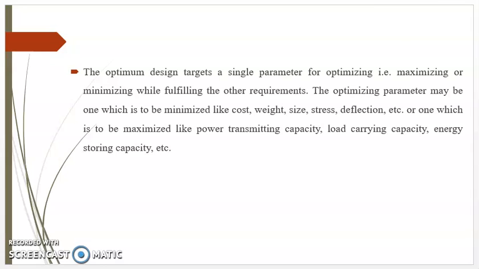The optimizing parameter may be one which is to be minimized like cost, weight, size, stress, deflection, etc., or one which is to be maximized like power transmitting capacity, load carrying capacity, energy storing capacity, etc.